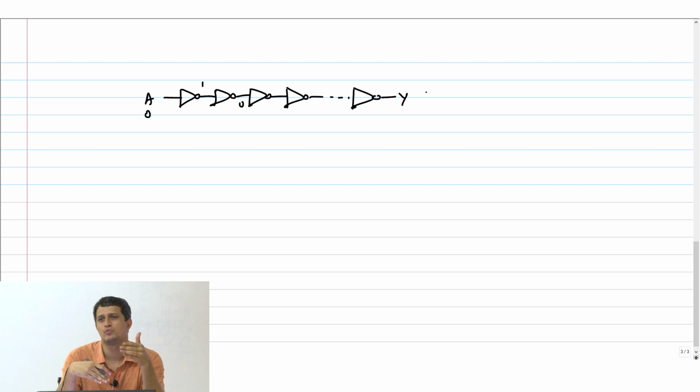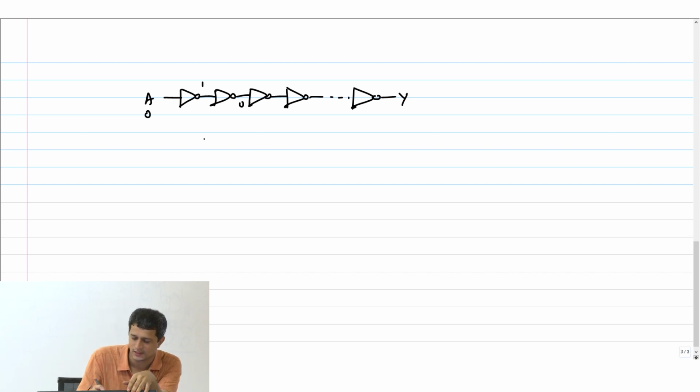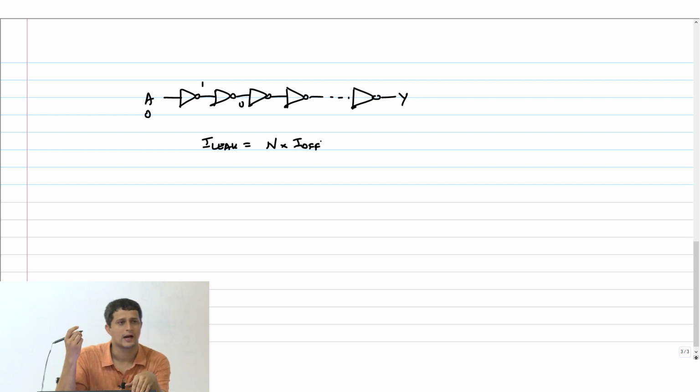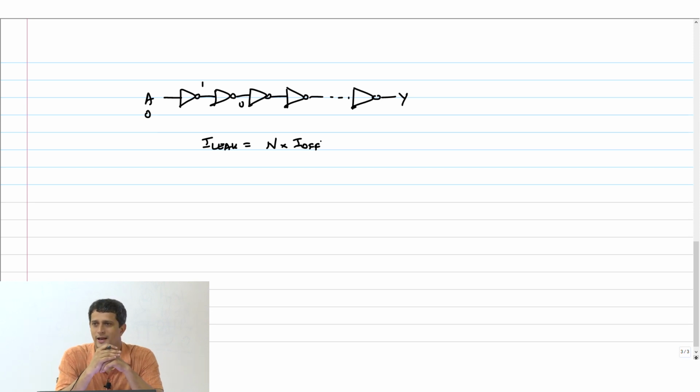So let's assume both NMOS and PMOS leakage are equal. So if there are N gates, the leakage will be N into I of either the NMOS or PMOS. It doesn't matter. Let's assume both are the same. N gates are now leaking in parallel. And let's say this is very high.